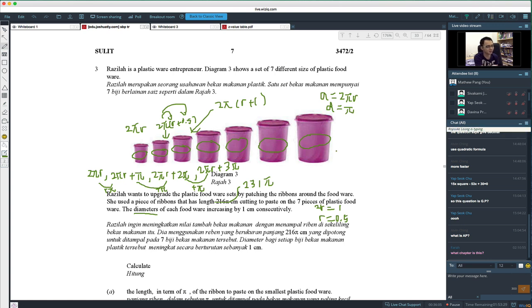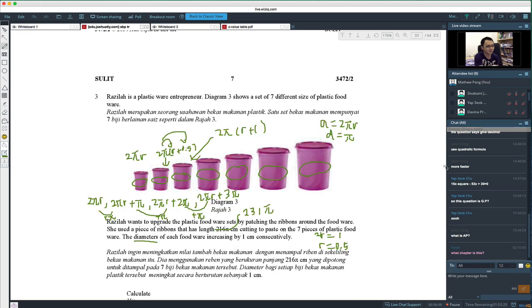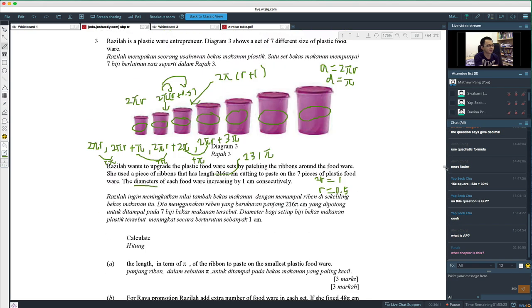Then the question asks me to find what? The question says, find the length, in terms of pi, of the ribbon to paste on the smallest plastic footwear. So basically, the question asks you to find the value of a, which is 2 pi r, in terms of pi.